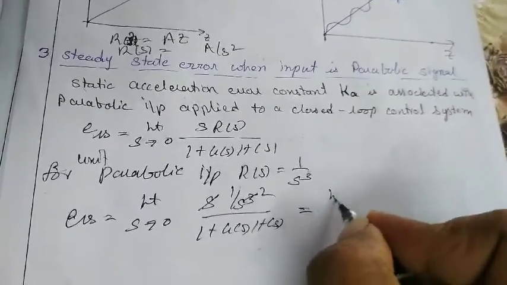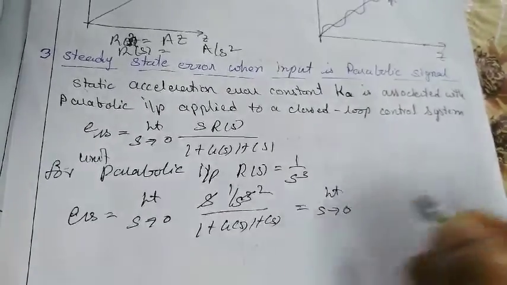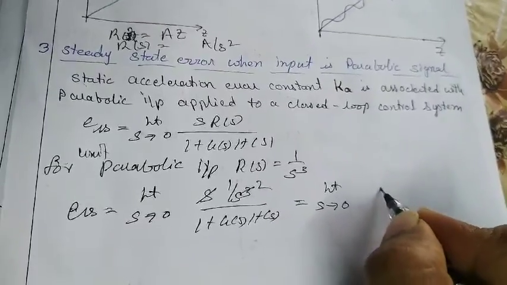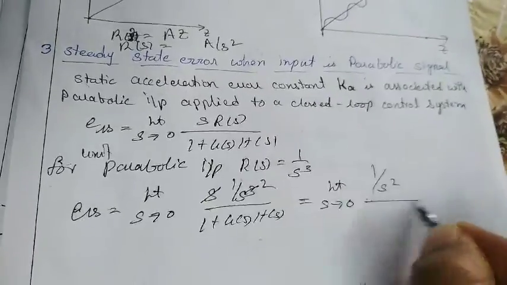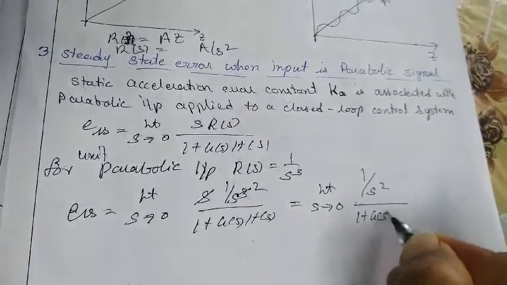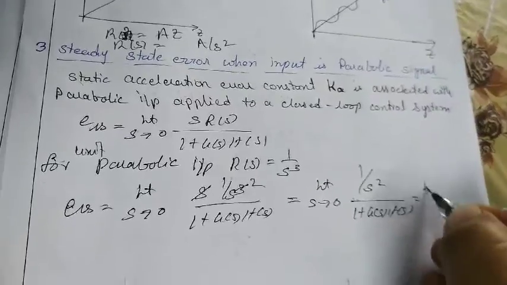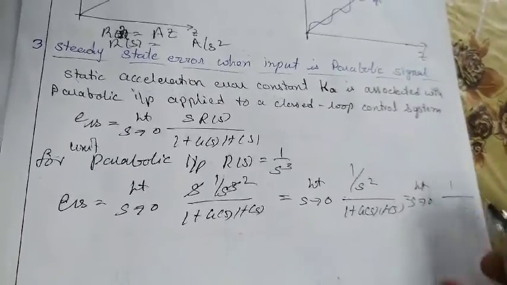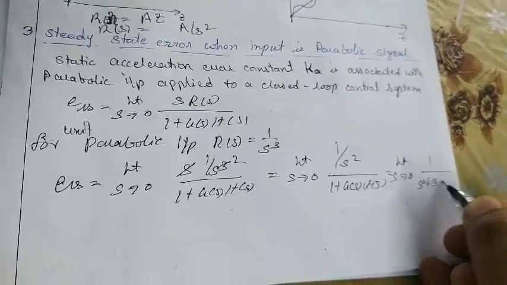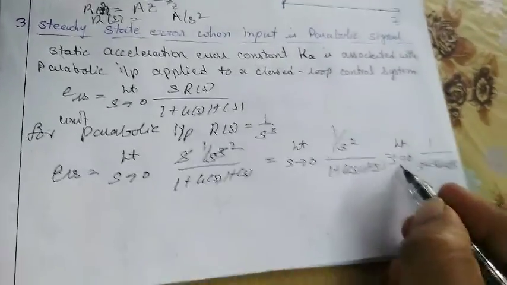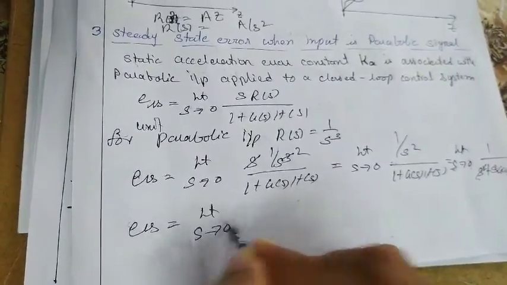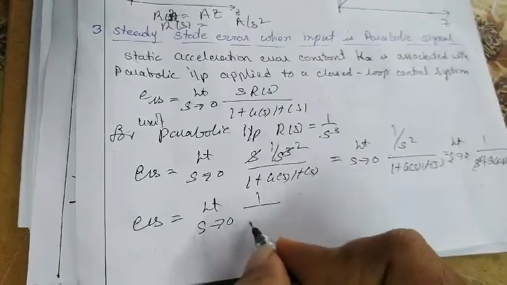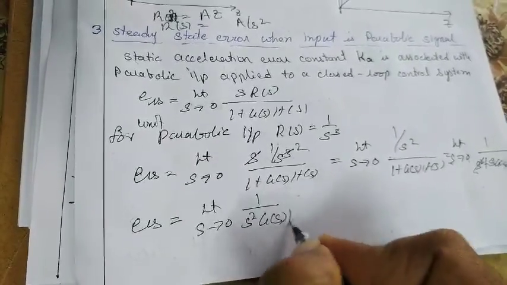So this is equal to limit s tends to 0 of 1 by s square divided by 1 plus G(s)H(s), which I can further write as limit s tends to 0 of 1 by s square plus s square into G(s)H(s). As s tends to 0, the s square term gets cancelled. Now ESS is equal to limit s tends to 0 of 1 by s square G(s)H(s).